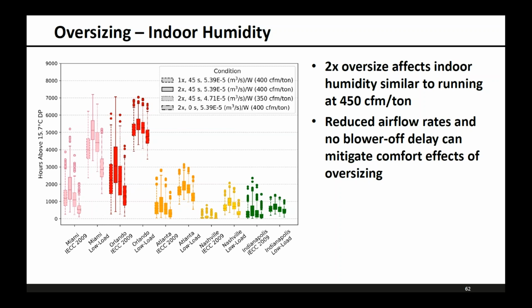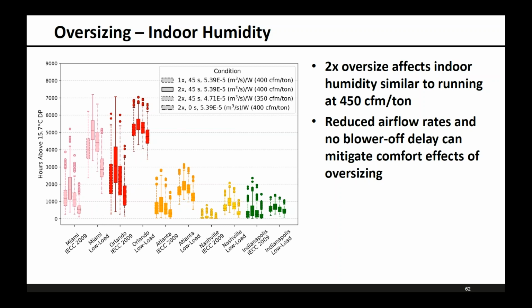So equipment size is not something you can readily change. Unfortunately, it requires purchasing a new unit. So we wanted to look at the case where, say, a home has an oversized unit and has humidity issues.